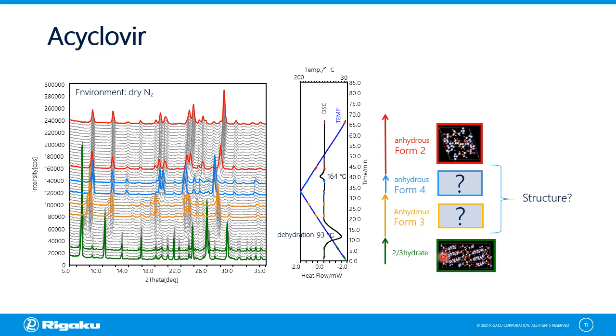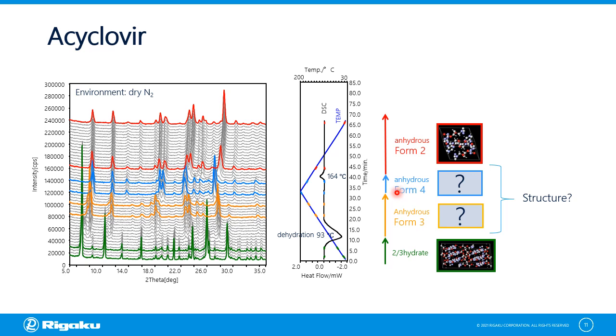The original crystal structure when the measurement started was 2/3 hydrate, which is in green. After a dehydration peak at 93 degrees Celsius, anhydrous form 3 appeared, which is in yellow. This phase was transformed to anhydrous form 4 at 200 degrees C, which is in blue.